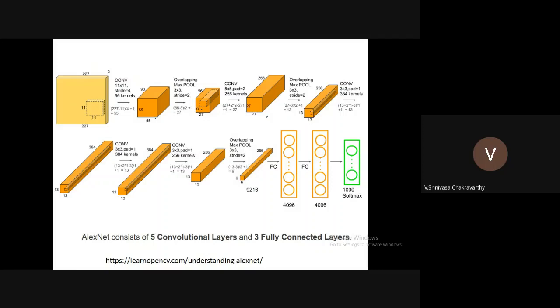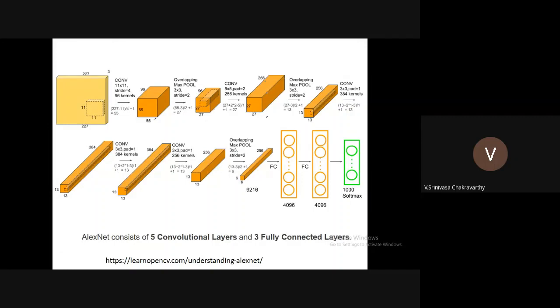So you see that again the standard pattern is seen. When you go from the first convolution to the max pooling, your feature map size shrinks from 55 by 55 to 27 by 27. The number of feature maps is the same. From this stage to the next convolution stage, the feature map size has not gone up, but the number of feature maps has gone up to 256.